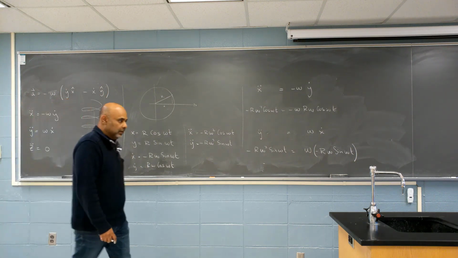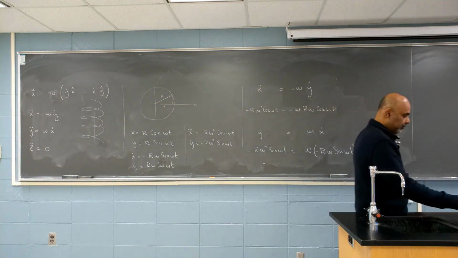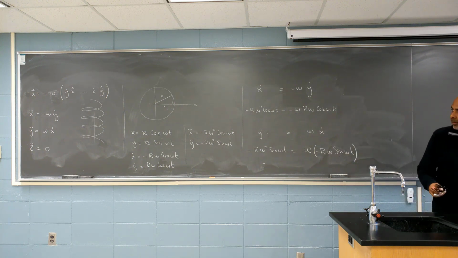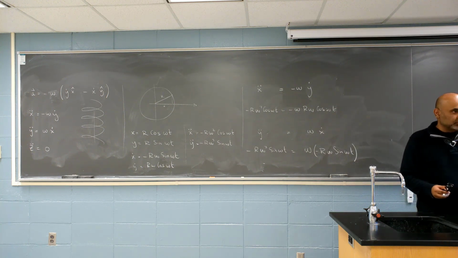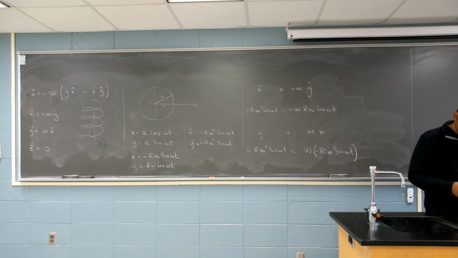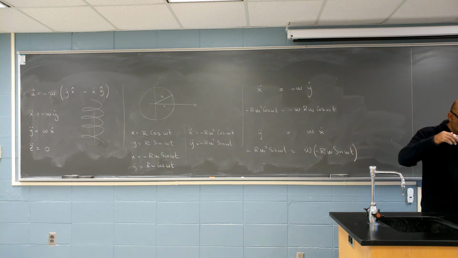Your book doesn't do this with differential equations. It does it just by mv squared over r equals the force. I did it with differential equations, but the next one is a magnetic field and an electric field. There's a worked out example, so I didn't want to work that. But this prepares you for that one.